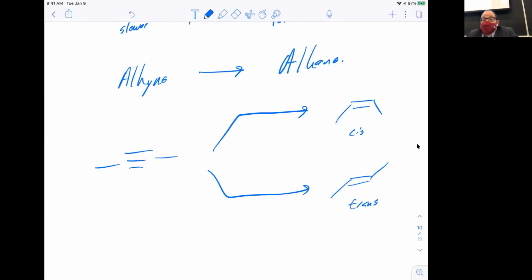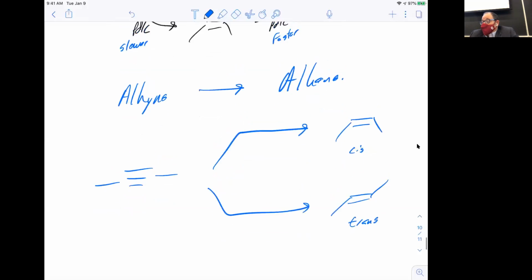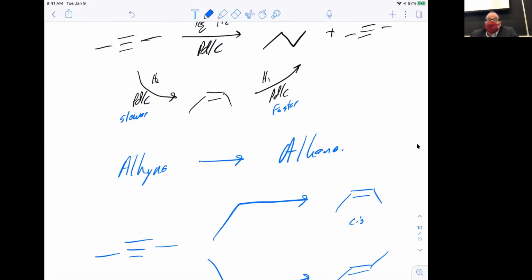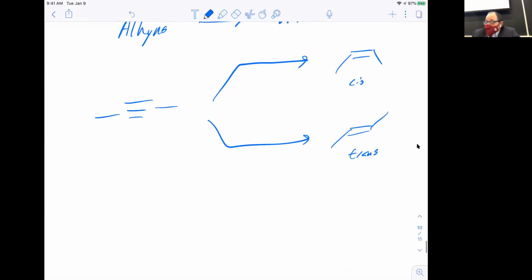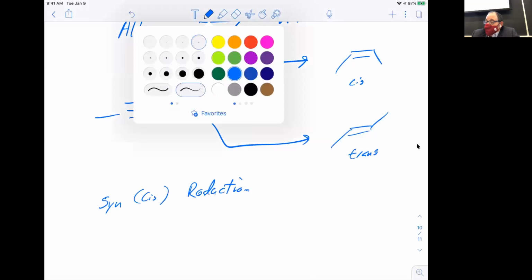Now the cis would be really nice if we could use catalytic hydrogenation, but the problem is that the second step goes faster than the first step. So I need to find a catalyst that will go slower with the alkene, or not react with the alkene at all, but will react with the alkyne. What we use for this is a poison catalyst.